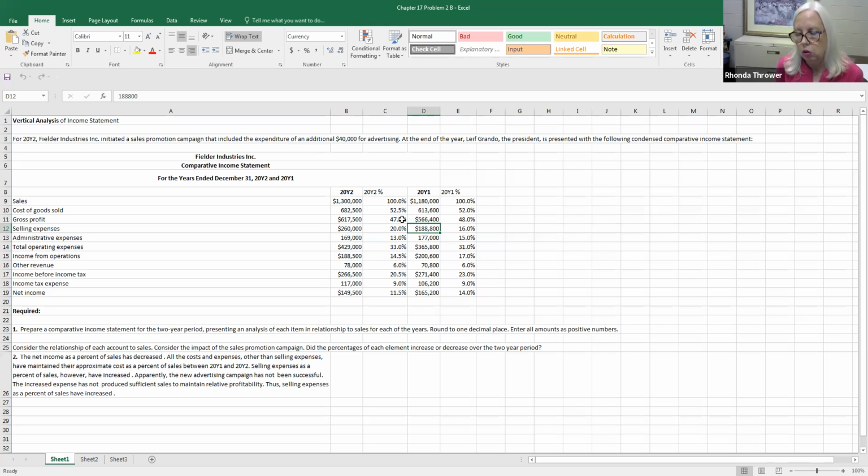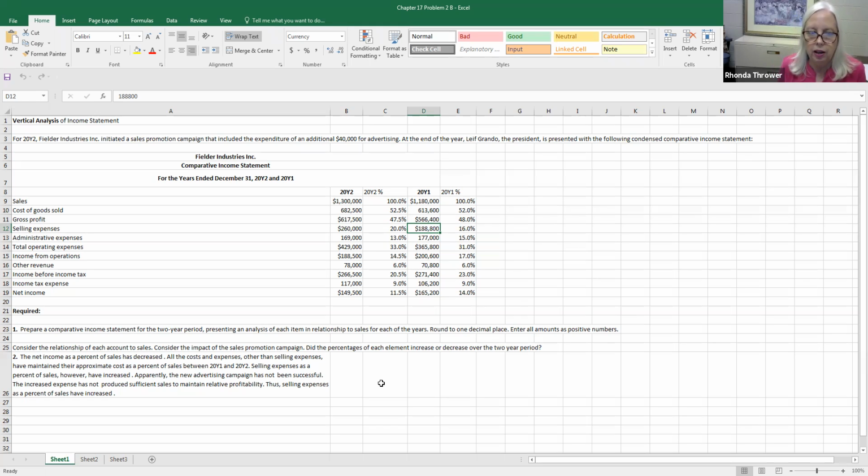So if sales only increased by 10% and your selling expenses increased by 37%, your new advertising campaign probably was not as successful as it should be. What vertical analysis as well as horizontal analysis means is that we can look at these figures and it will help management make decisions about how to further operate the company.